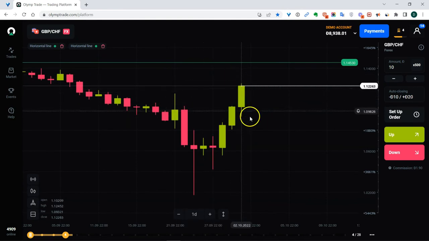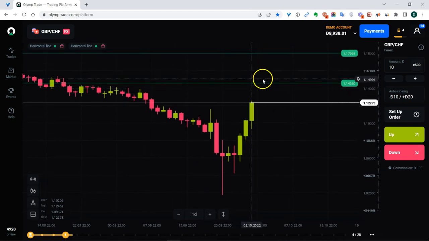So I'd like to see a nice retracement. This is too high at the moment, too expensive to buy. So let's wait for a nice cheaper opportunity, and then possibly a higher probability, better risk-reward trade to go to this high and then the next high after that at 1.18. So that's the Pound Swiss.